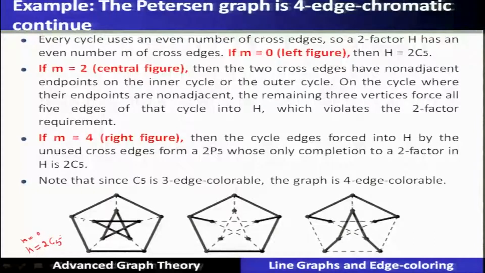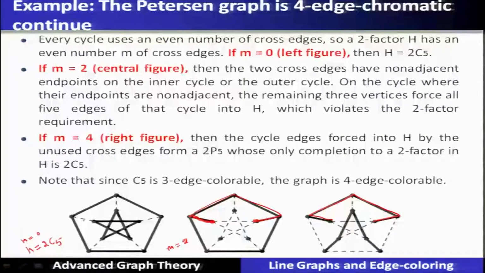When m is equal to 2, the 2 cross edges have non-adjacent endpoints on the inner circle or the outer circle. On the cycle where their endpoints are non-adjacent, the remaining 3 vertices force all 5 edges of that cycle into H, which violates the 2 factor requirement.